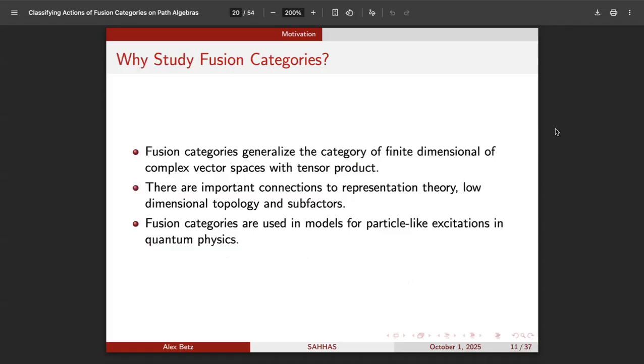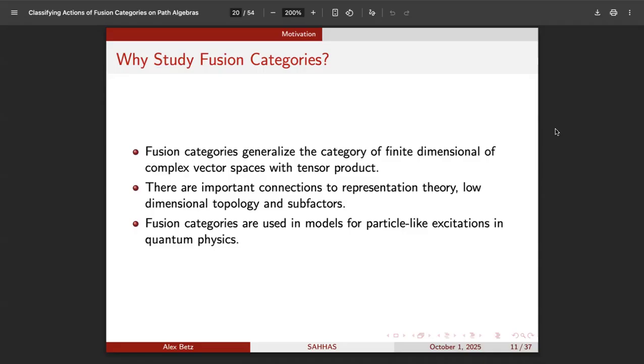So, I've defined this thing. Why should we care? Why should we study this? The idea is that fusion categories generalize the category of finite dimensional vector spaces with tensor product. There are important connections between fusion categories and representation theory, low-dimensional topology, and subfactors.